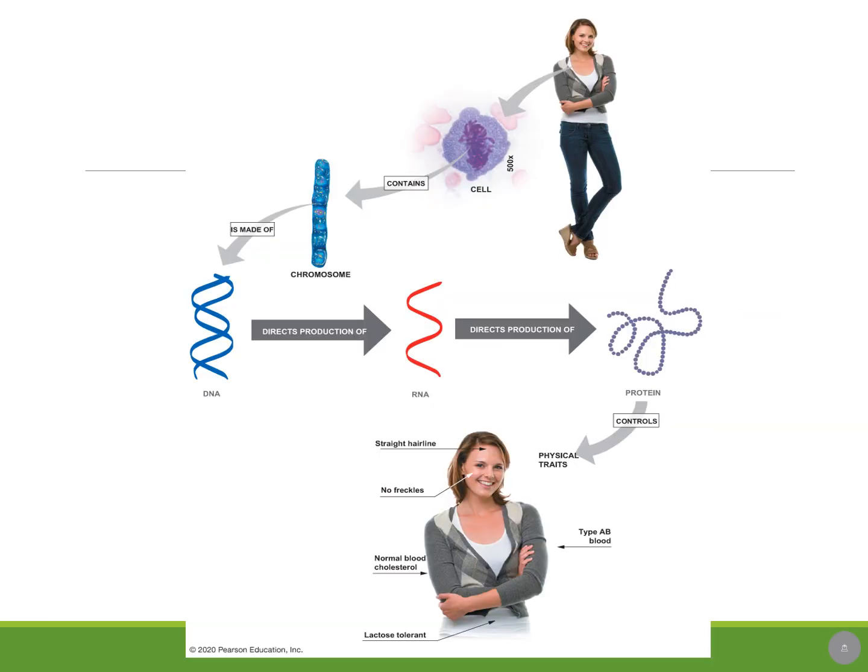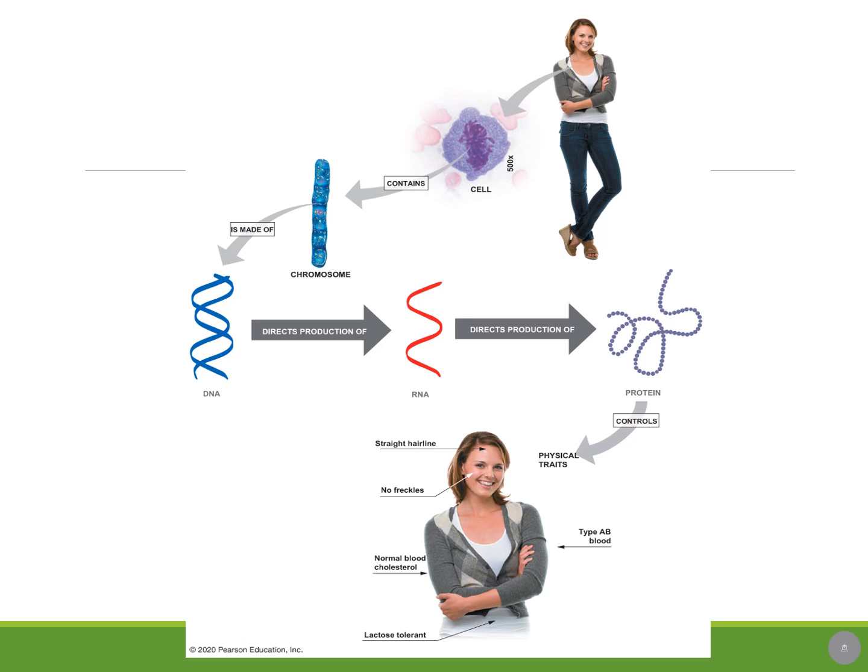So here's a picture to show you, for example, how this works. So we would start with a cell from this individual, and remember that all cells of the body are going to contain the same sequence of DNA. That DNA is then going to be condensed into structures that we call chromosomes. If we uncoil the chromosomes, we will get the sequence of the DNA.